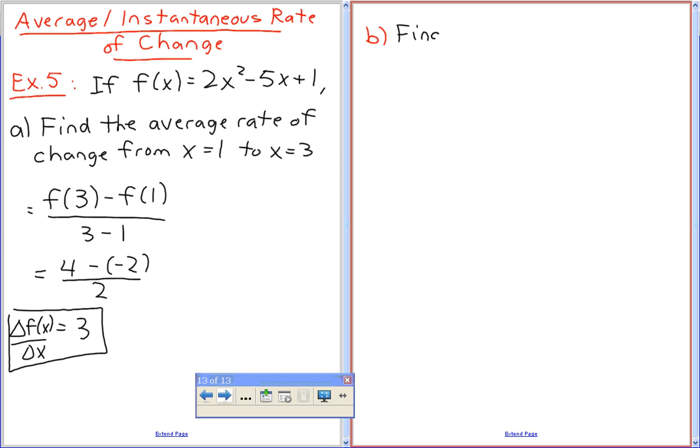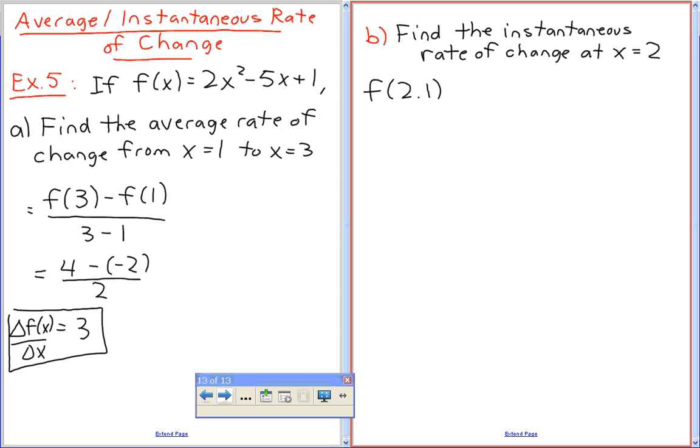And you guys are going to actually slog through this one. So what I want from you is f of 2.1 minus f of 2 all over 2.1 minus 2.